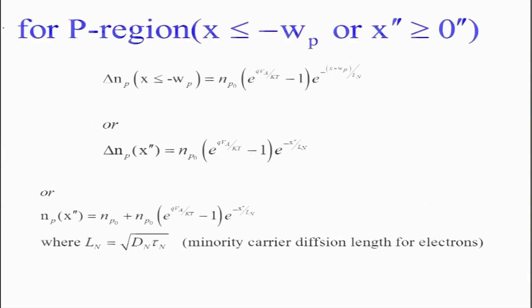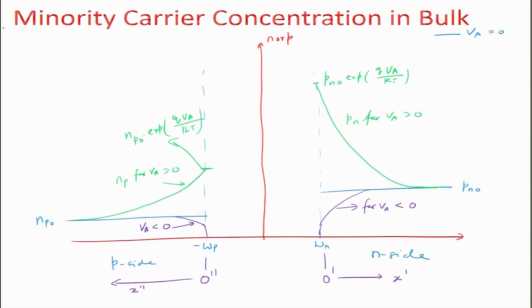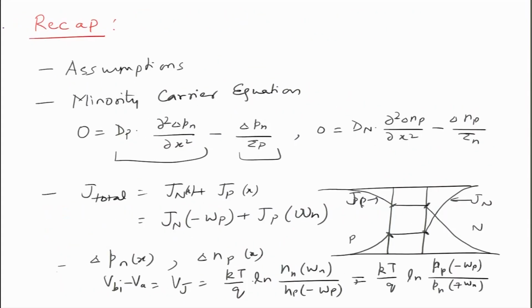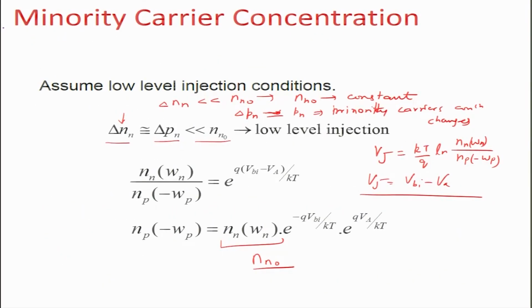So basically, if I just recap this for the sake of clarity, we first worked out the electron concentration as a function of applied bias. This is very simple from the junction potential expression. Junction potential can be obtained from the balance between drift current and diffusion current, and applying the Einstein relation, you get an expression for minority carrier concentration in terms of applied bias.